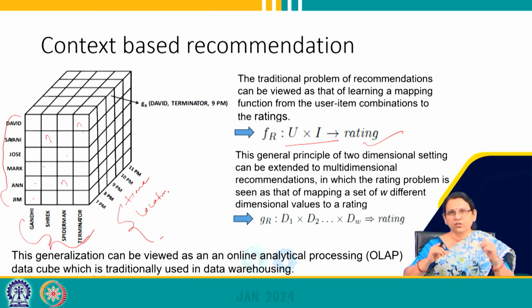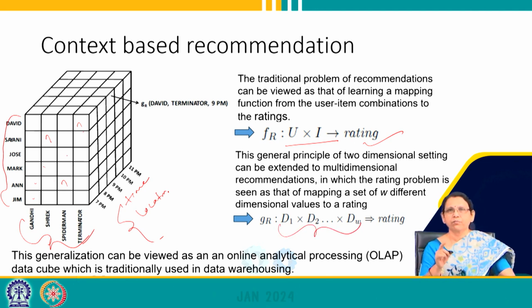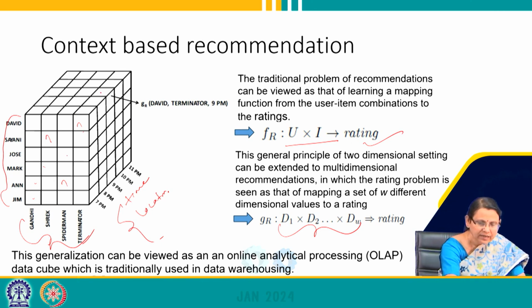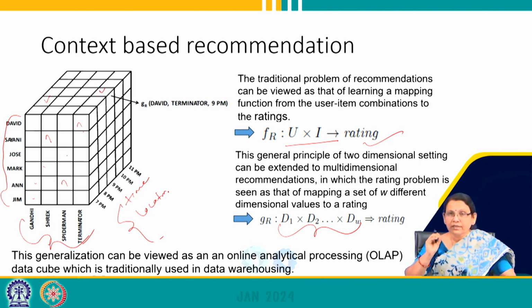So, our problem is now like this: from the few ratings which are available in some of these cubicles, but most of the places they are not there, only from those few ratings, how do we predict other ratings? Just like I discussed, it is rating prediction as well as top-n recommendation.